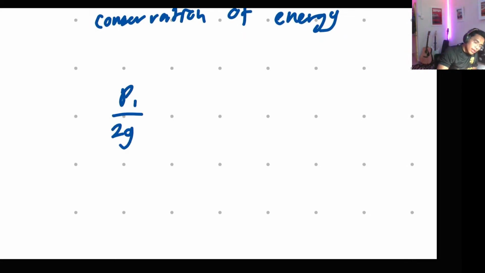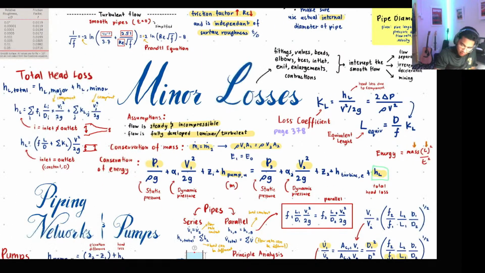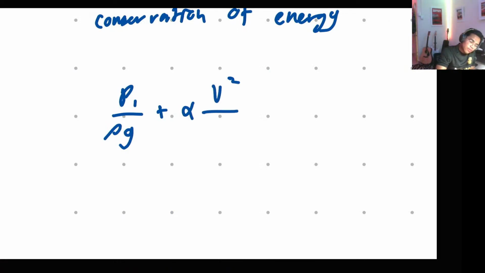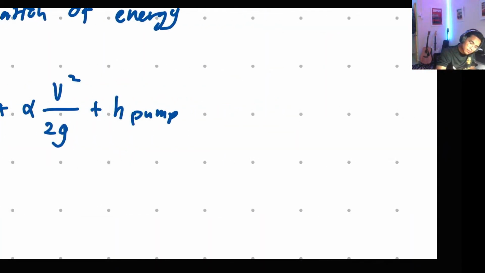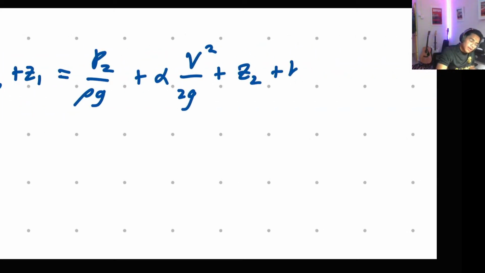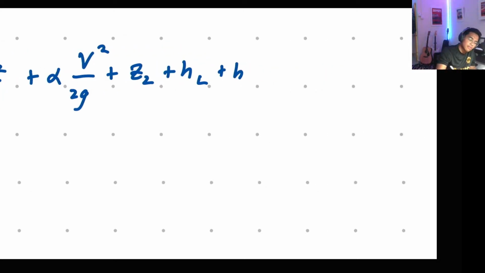P1 over rho G plus V1 squared over 2G plus Z1 plus H pump equals to P2 over rho G plus V2 squared over 2G plus Z2 plus HL plus H turbine. You guys kena ingat ini formula.